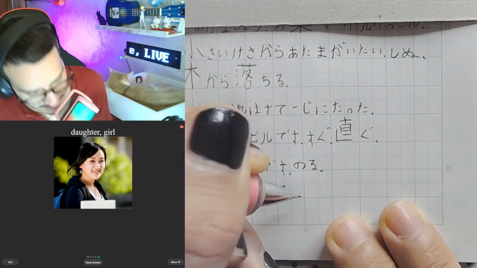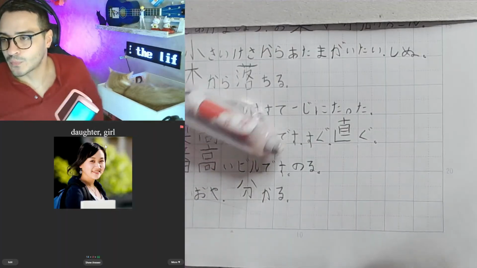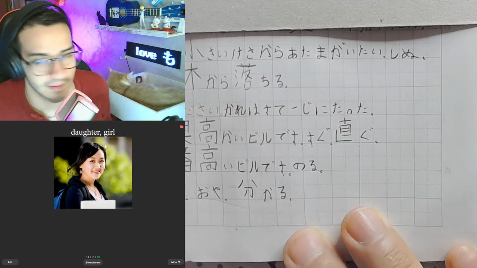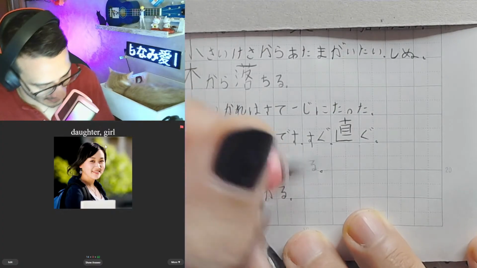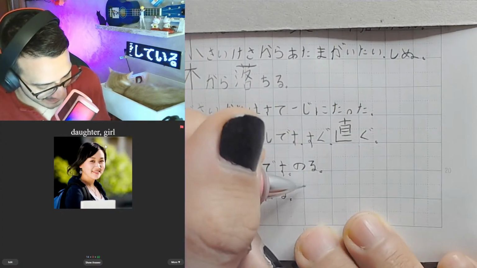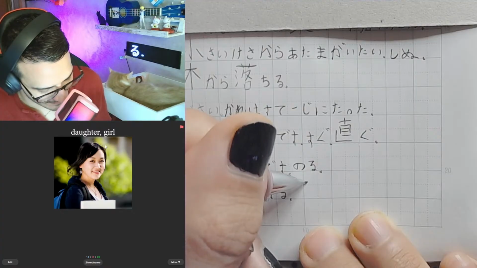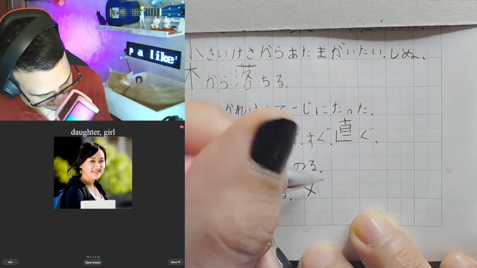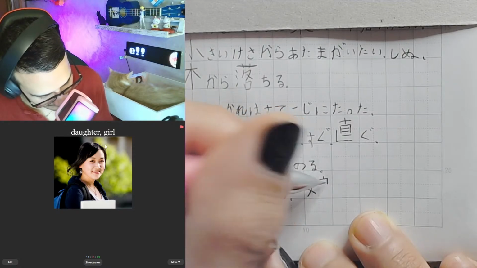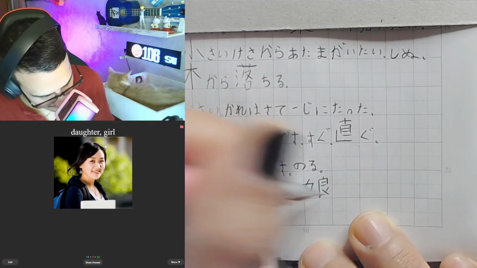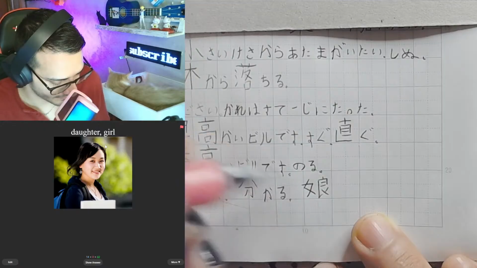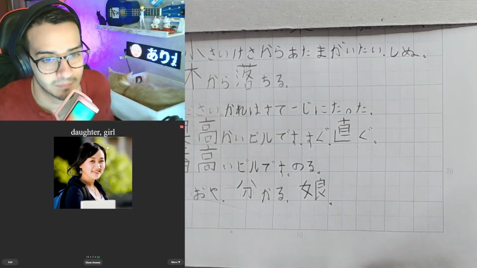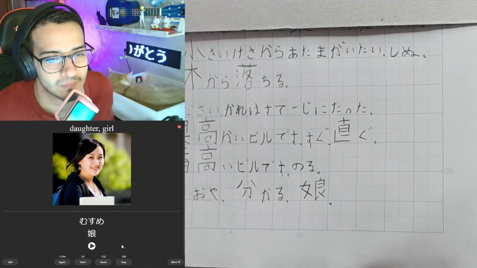Daughter is musume. And this is how I remember it. My daughter is a good daughter. A good woman is my daughter. Musume. 娘。Easy.